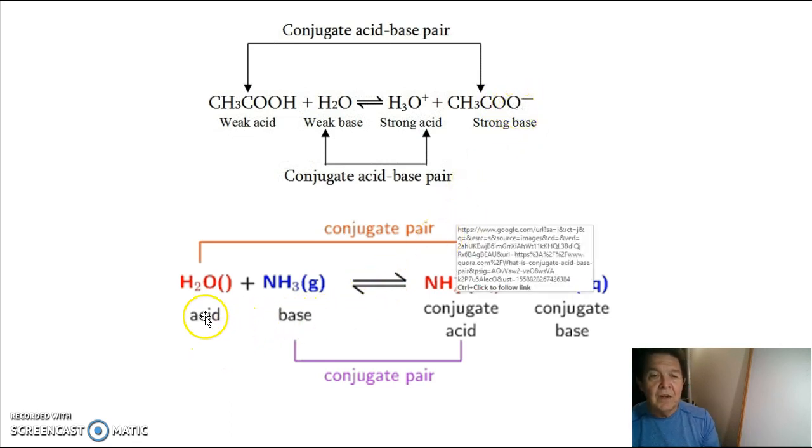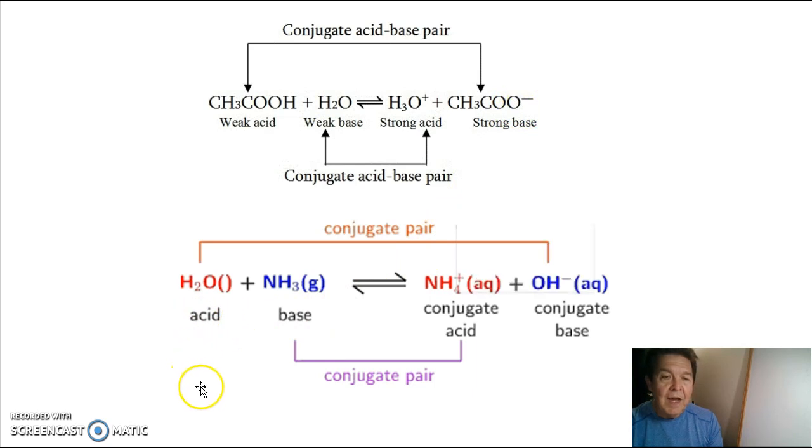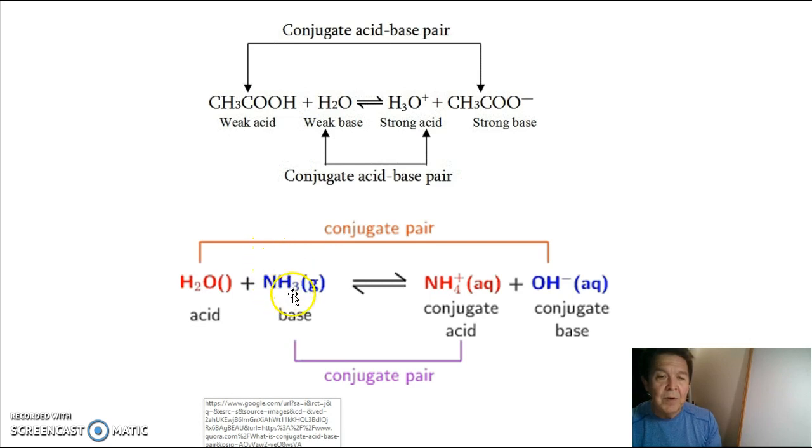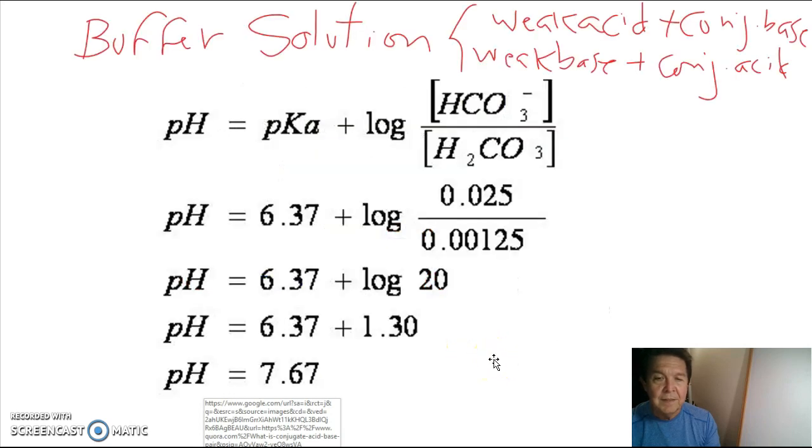In the case of this, the acid is water because it's the one that releases protons, is a donor of proton, and then ammonia accepts one proton and is the conjugate acid in this case.